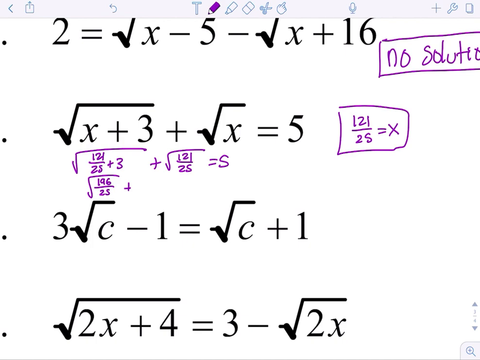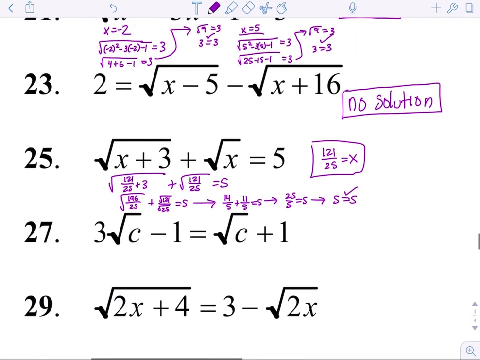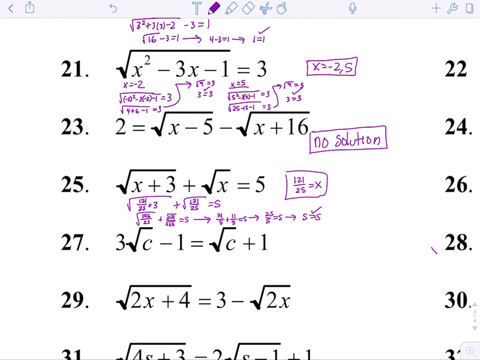And I know that's going to be square root of 196 and square root of 25. So square root of 196 is 14 over 5 plus 11 over 5 equals 5, and that's really 25 over 5 equals 5, which is 5 is equal to 5, so that does work. Again, challenge type problems really break a mental sweat right there.